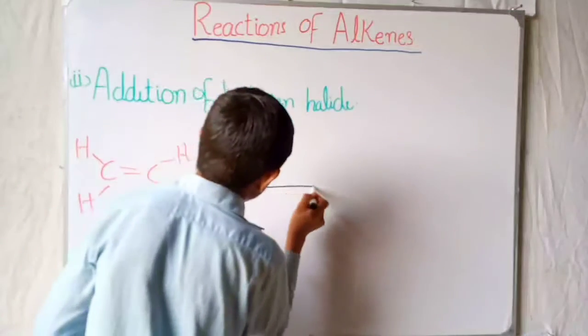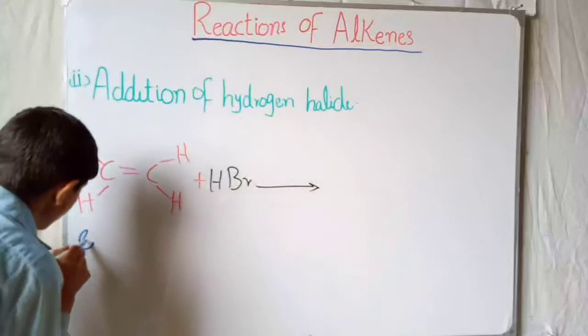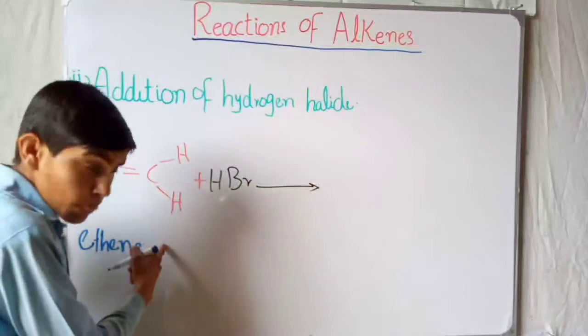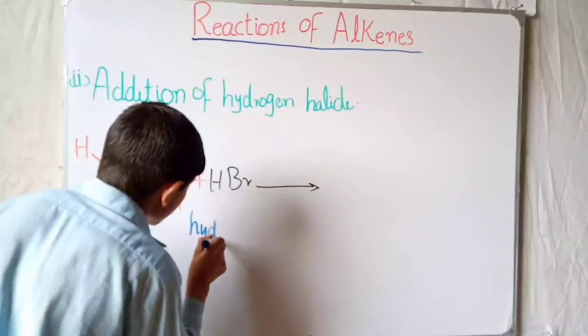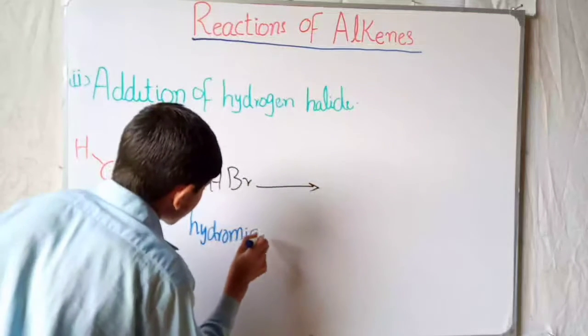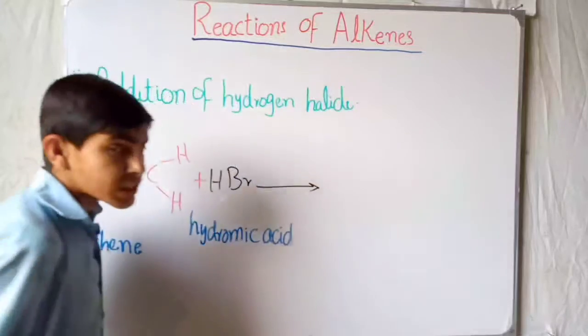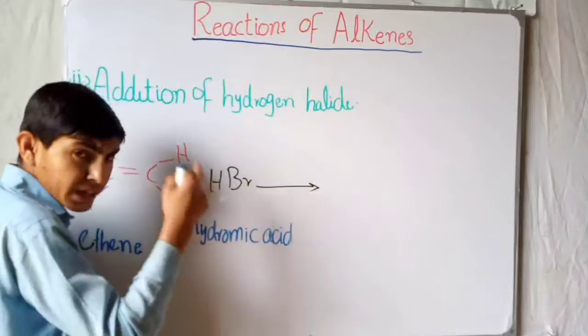This is called hydrobromic acid, because when there is a hydrogen atom, we usually mention the substance as an acid, so it is called hydrobromic acid.